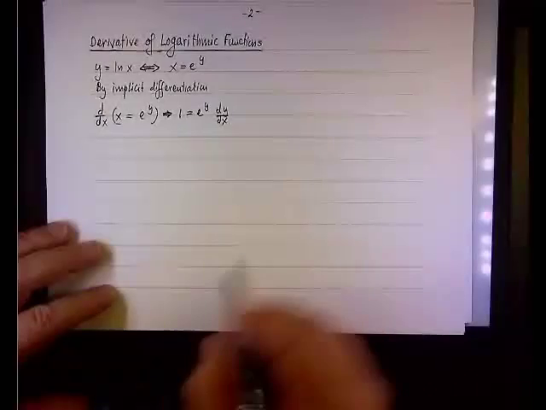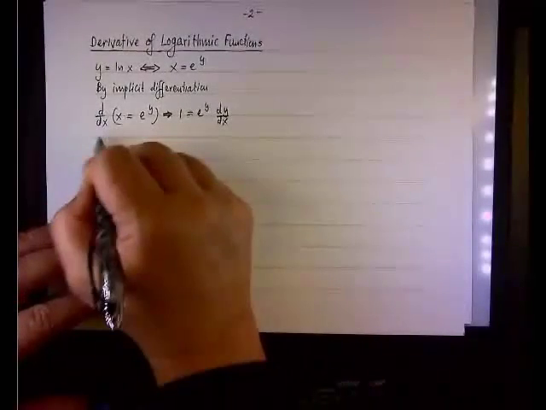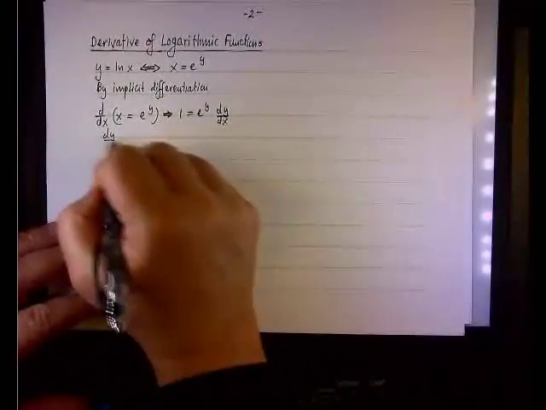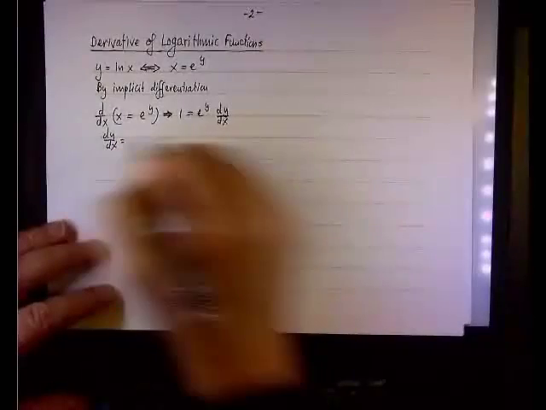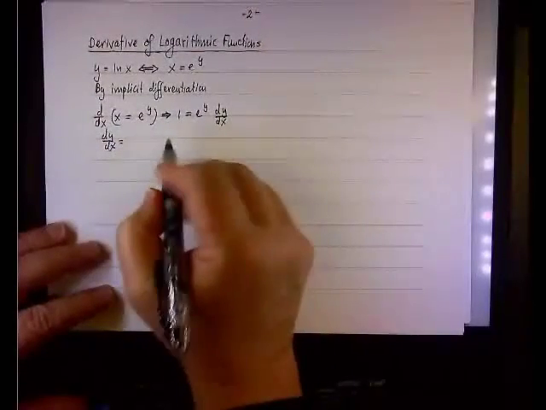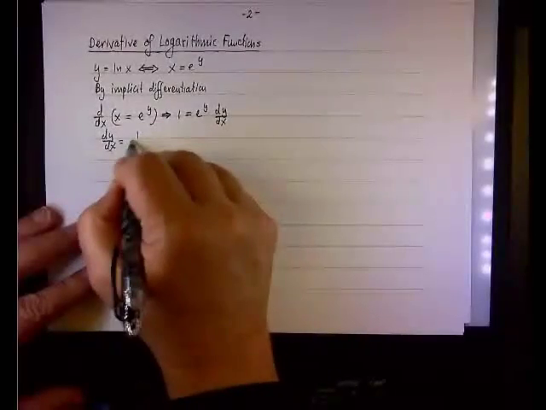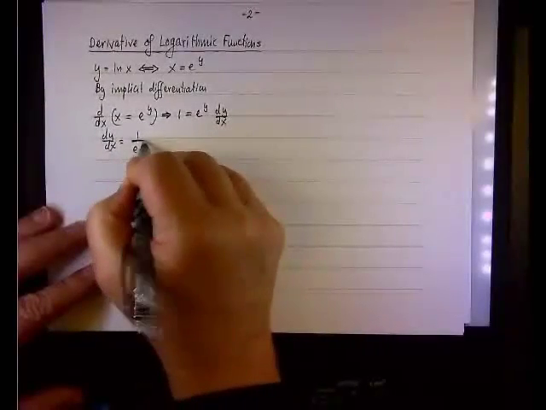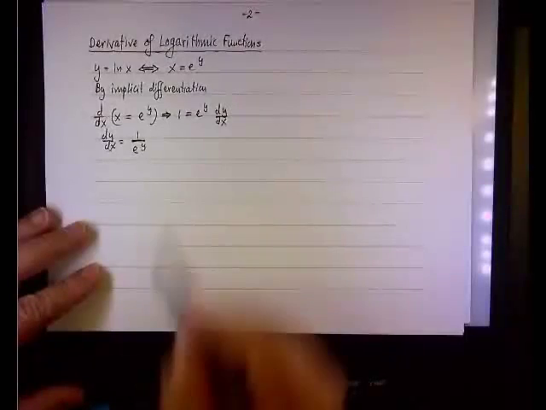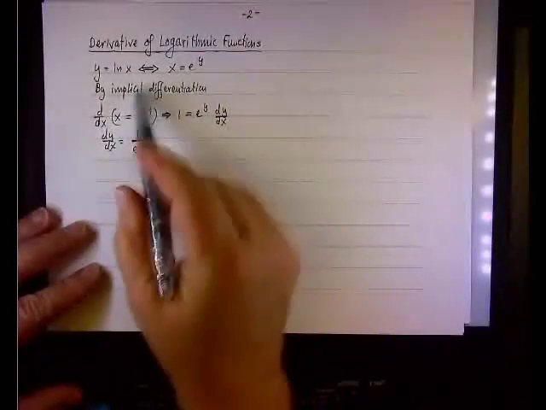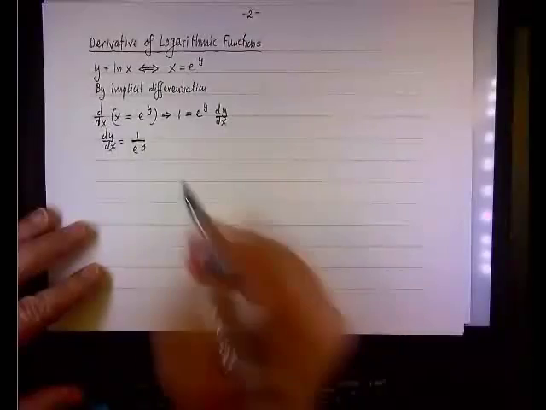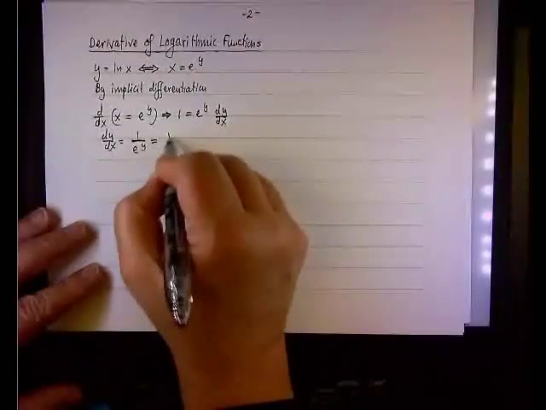So this gives us a solution for dy/dx. We're going to say that dy/dx is equal to 1 over e to the y. But what is e to the y? e to the y is x, by the definition of the logarithmic function. So it's 1 over x.